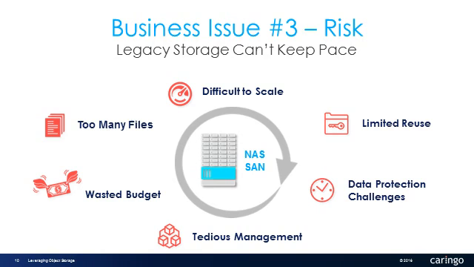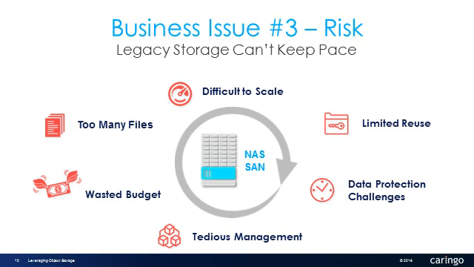So if I start on the bottom left and work my way around, the first elements of risk are complexity and cost. Many traditional solutions, or even some new open source solutions, are very complex to deploy and are cost prohibitive due to the rate of data growth, either from a capacity standpoint, a configuration standpoint, or purely a human capital standpoint.